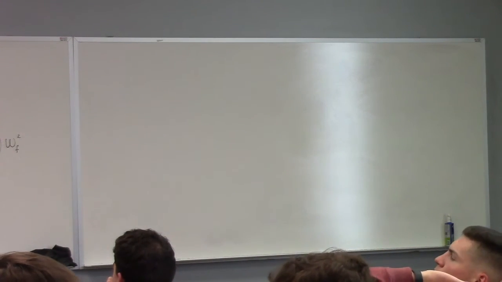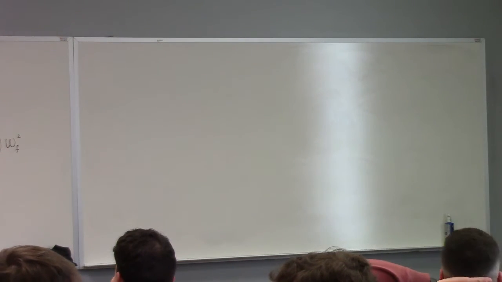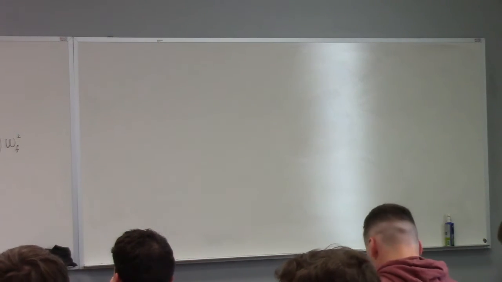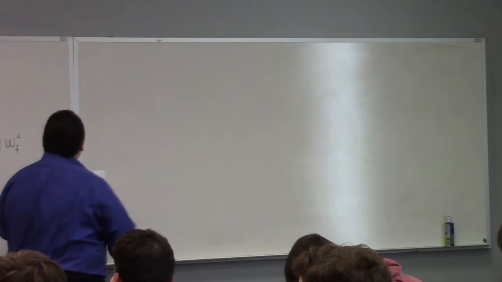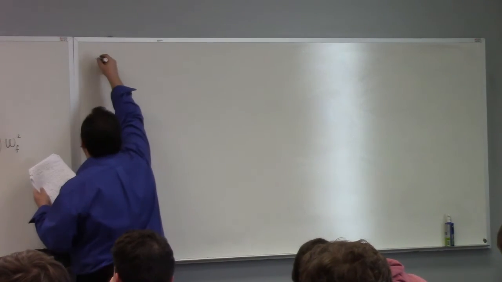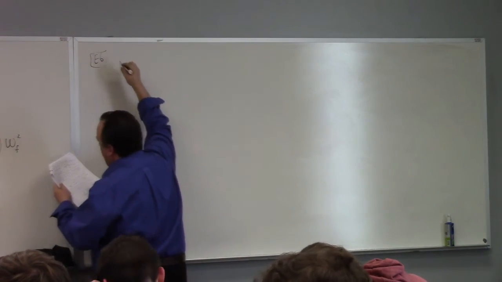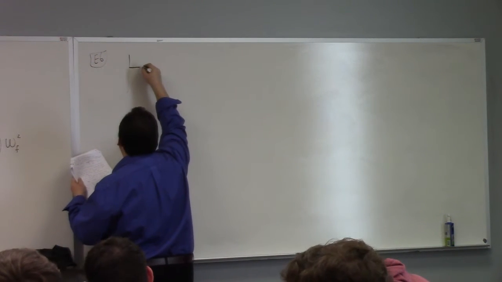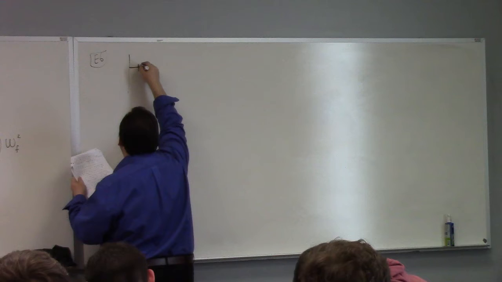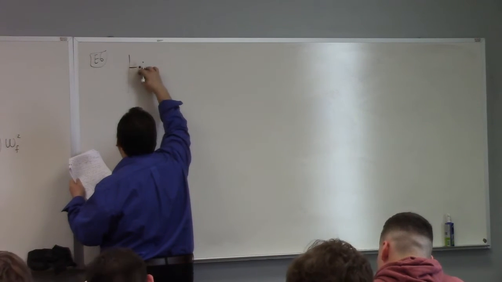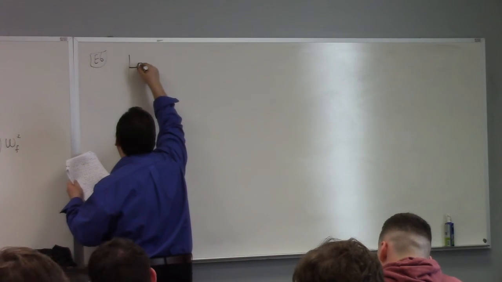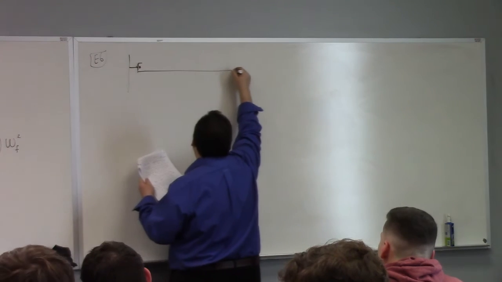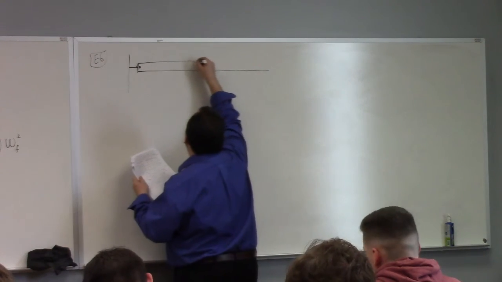So again, we're going to consider a rigid rod of length L. It's got some kind of pivot point out here, like this.